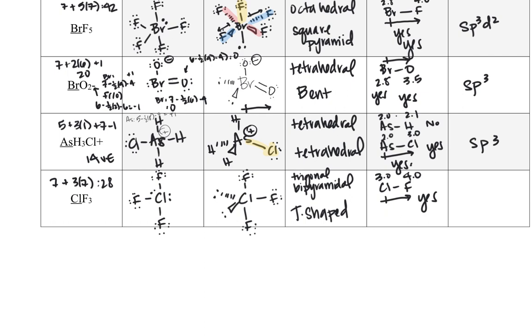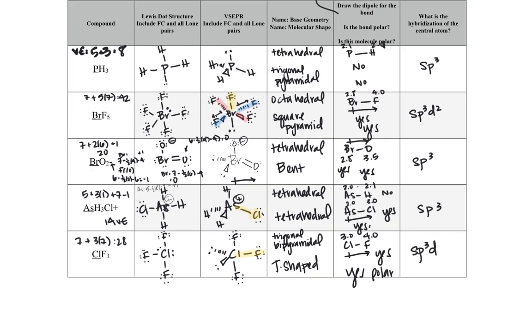But we do have a polar bond that is not canceled out. So yes, this is a polar molecule. And our last question asks about the hybridization. 5 orbitals combine to make this. We have 1 s, 3 p's, and 1 d to give us a total of 5 for the hybridization.